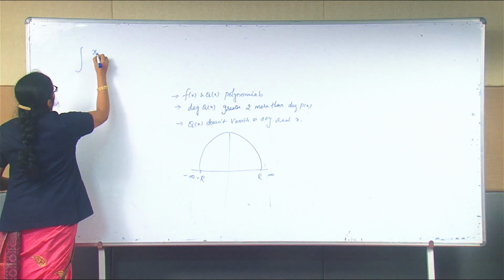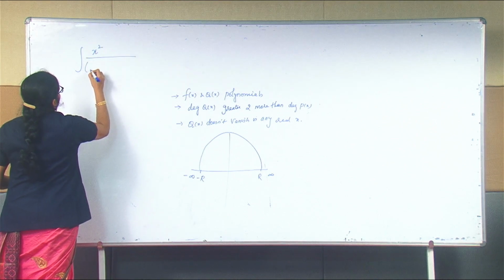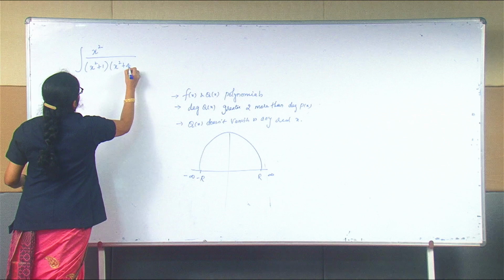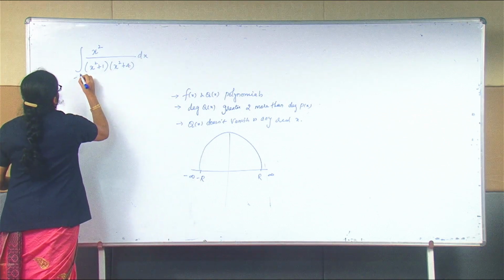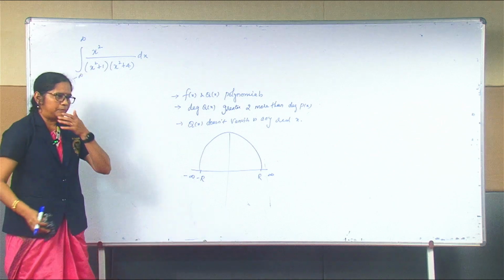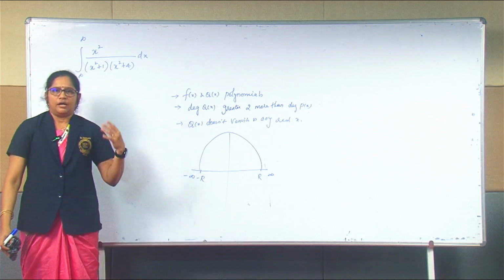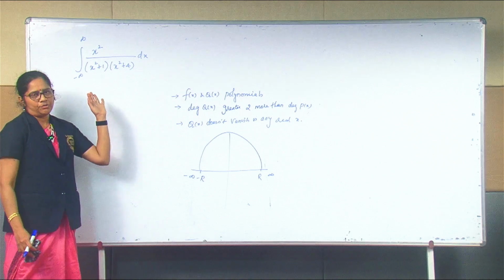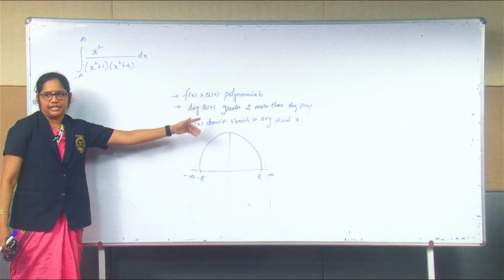Integral x square by (x square plus 1) into (x square plus 4) dx, minus infinity to infinity. Again, this problem is not that easy to solve by direct real integration. Now we have to check whether it satisfies these norms.